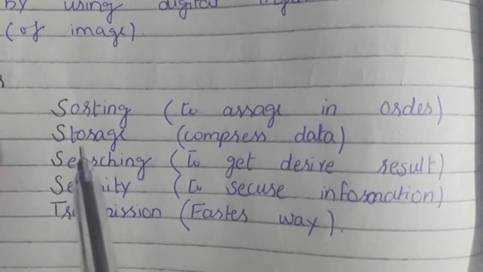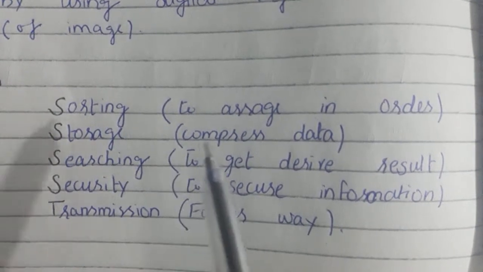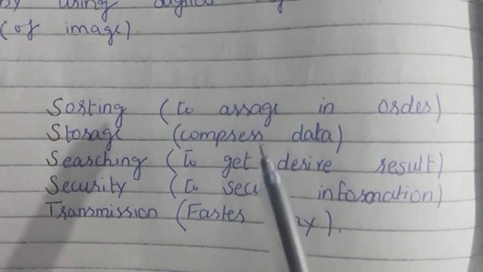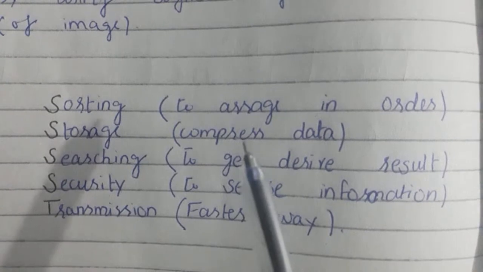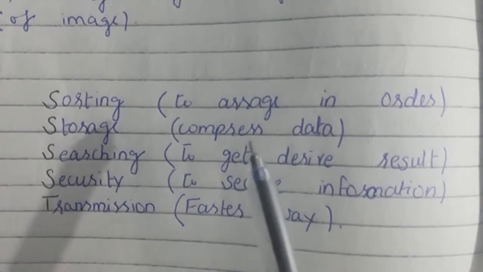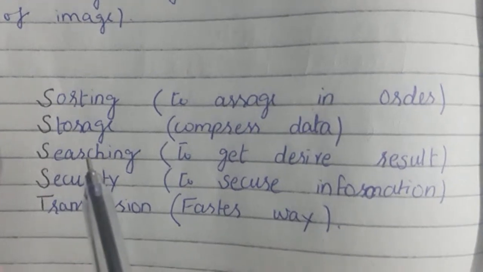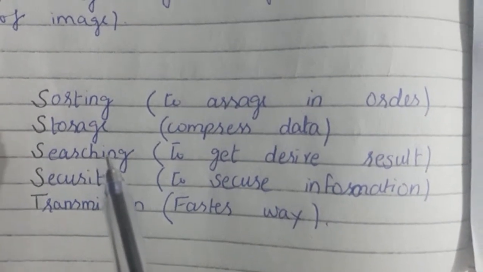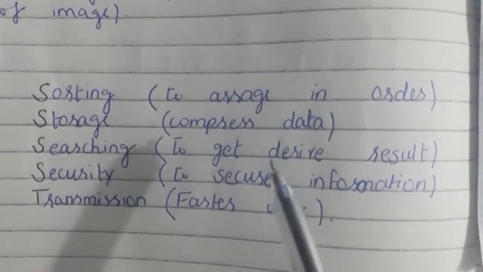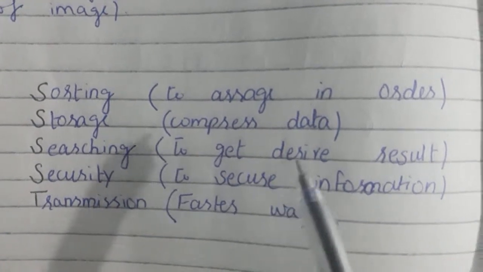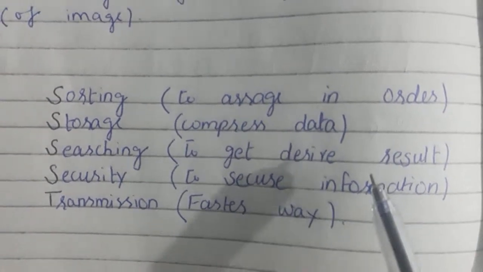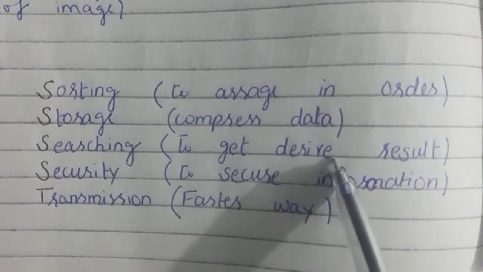If we talk about storage, it basically compresses our data, so in this way we can store a large amount of data in a small space. Similarly, in searching we get our desired result. Suppose we have a file where multiple applications are present.